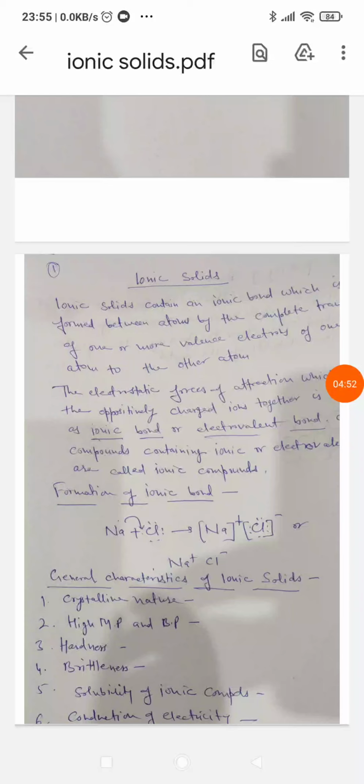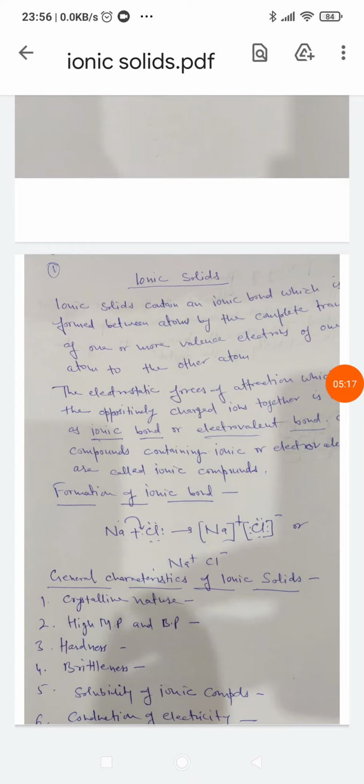Ionic compounds are hard and rigid, and hardness is due to the strong electrostatic forces of attraction between oppositely charged ions. Number 4, brittleness. Ionic compounds are usually brittle, that is, they can be easily broken into pieces on applying stress.